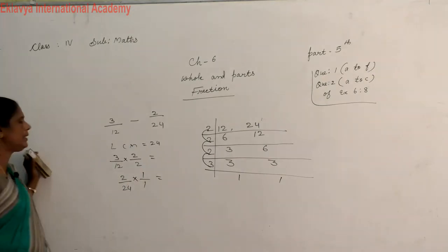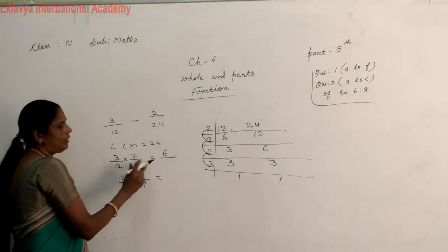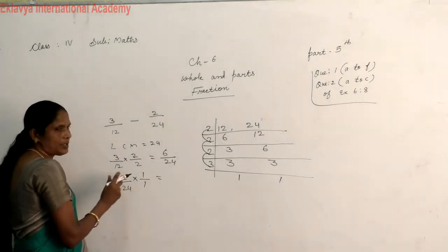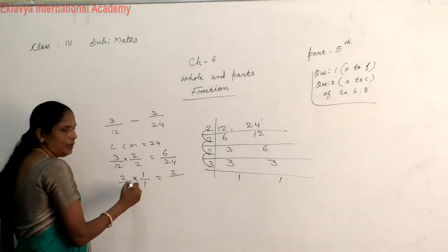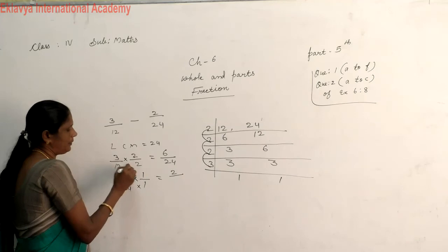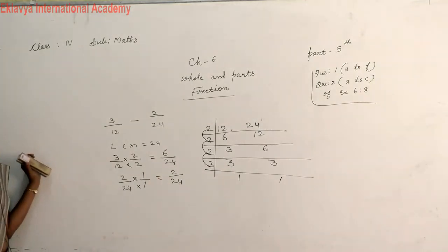Now multiply: 3 twos are 6, 12 twos are 24, here 2 ones are 2, then 24 ones are 24. Next step, you subtract.